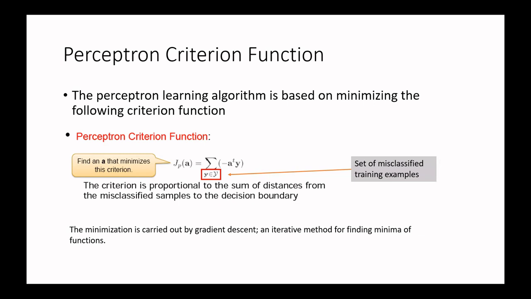The cost function J of parameter vector A, which is our weight vector, is nothing but the sum over all misclassified training examples of minus A transpose Y that we calculate.